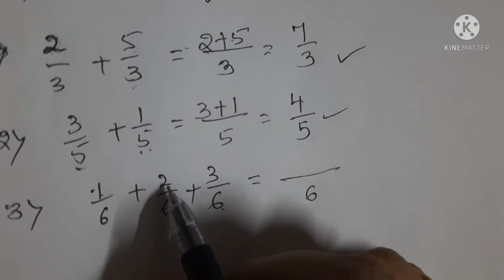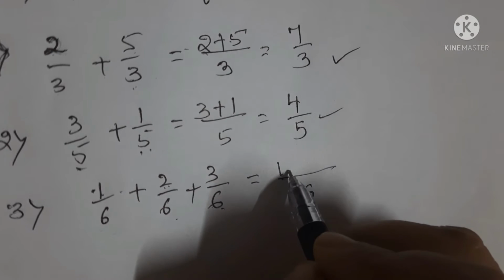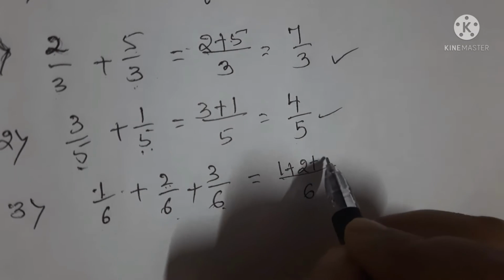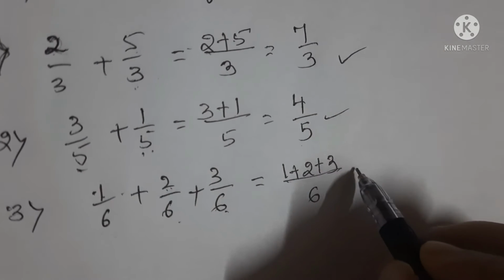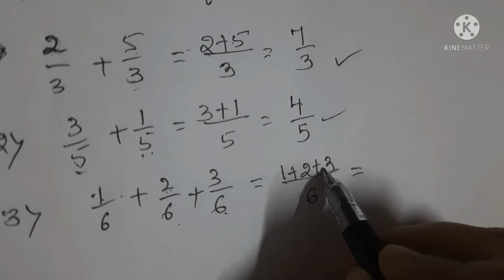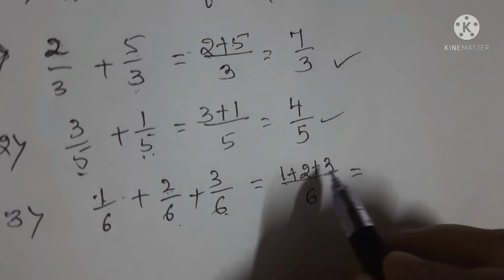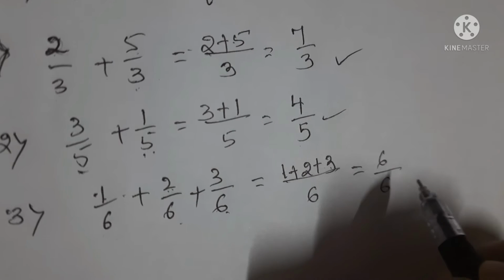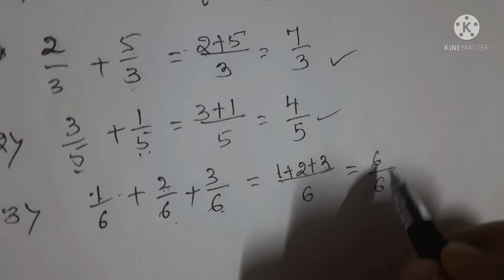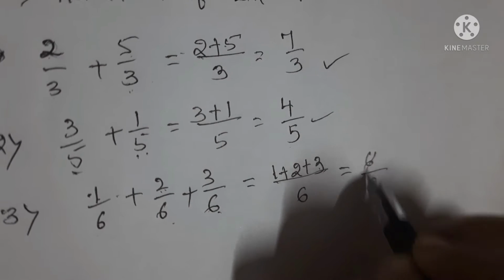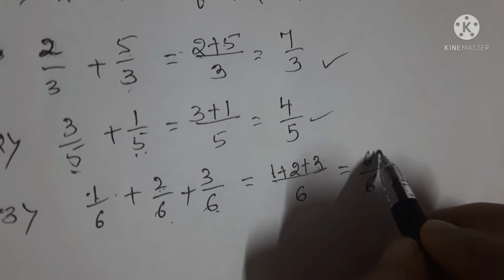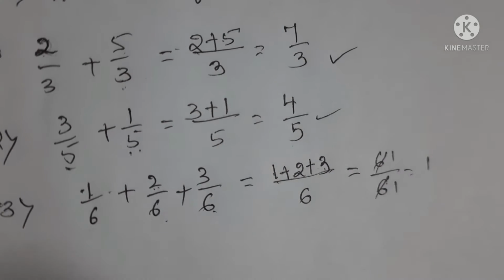Now all the numerators we will write with the plus symbol: 1 plus 2 is 3, 3 plus 3 is 6, 6 by 6. Now this can be cancelled: 6 ones are 6, 6 ones are 6, equal to 1.